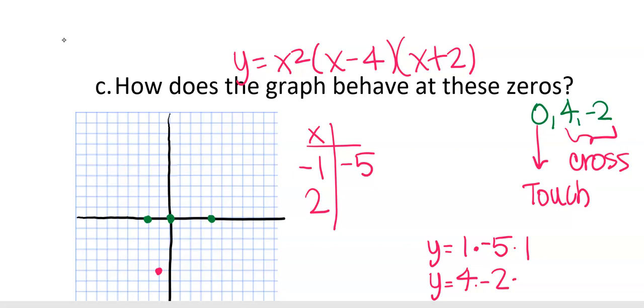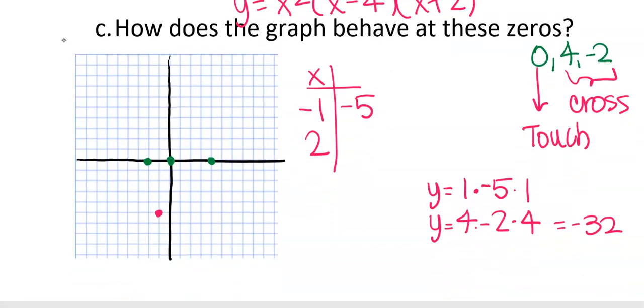And I also get a 4. So that would give me -32. Okay, so -32 is really far down there. So I'm going to put an arrow and I'm going to put -32. We'll kind of get the idea.